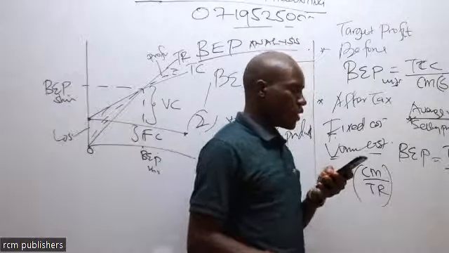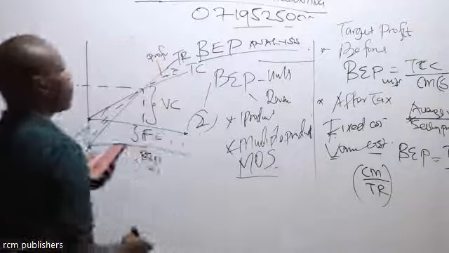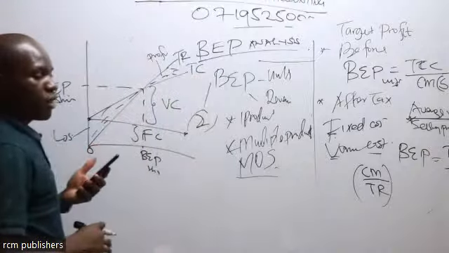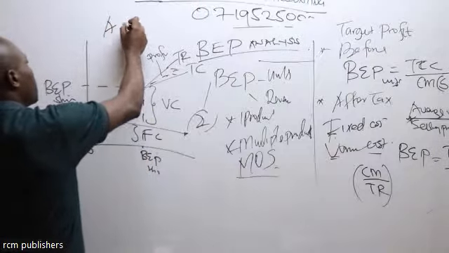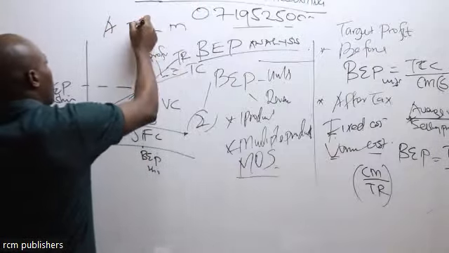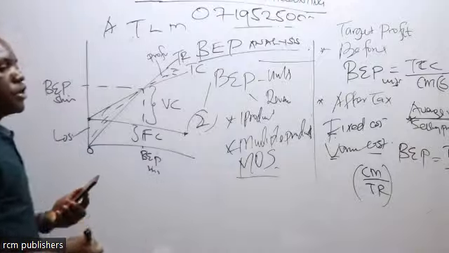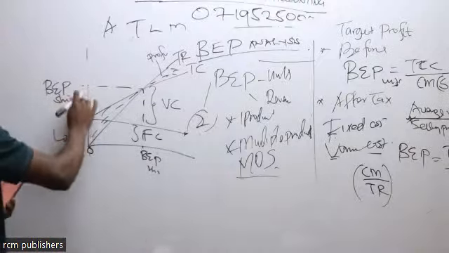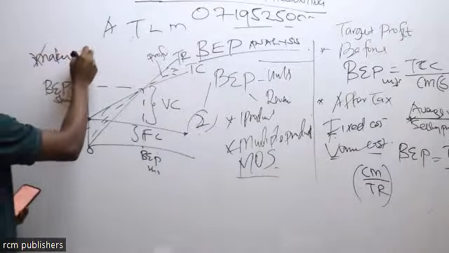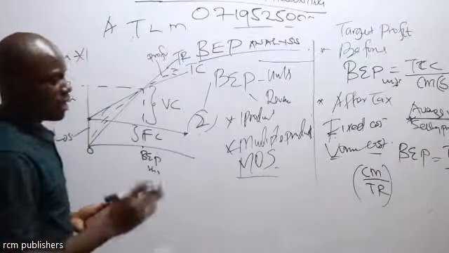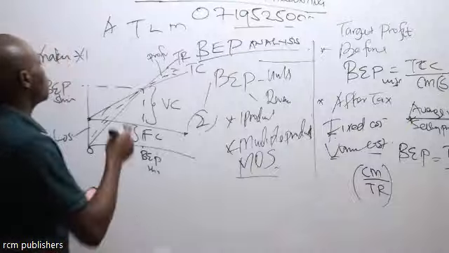Of course, there's something that is remaining, the application of this concept, the break-even point analysis. I have products A, T, L, M. All of them need to be produced, but I normally use material X. Material X is limited in supply. So I want to check which one I should produce.